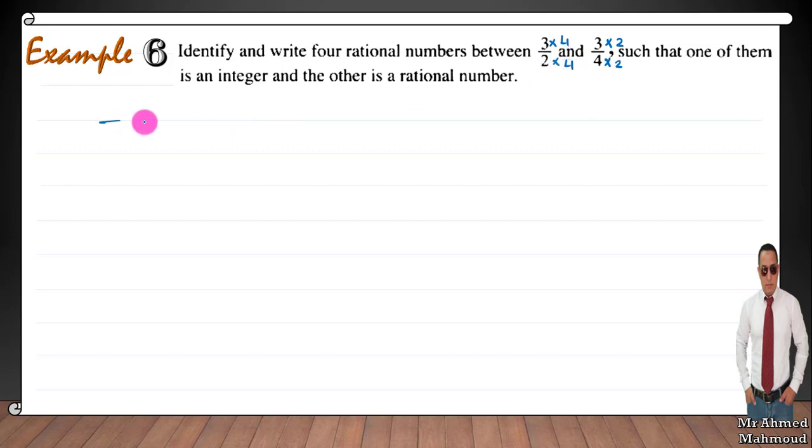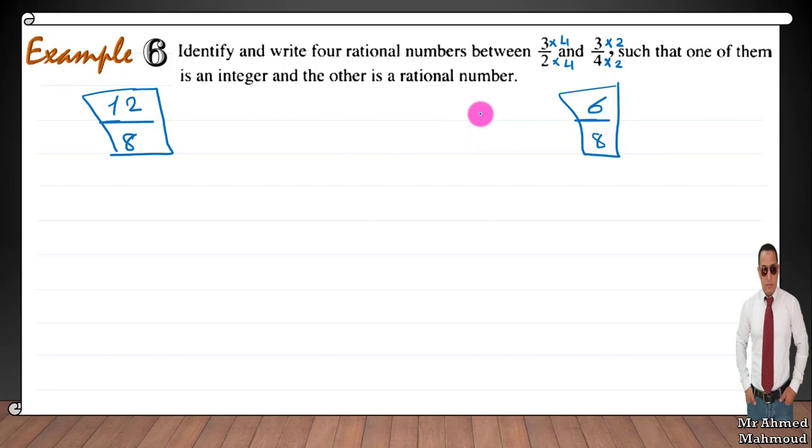Okay, now we have here 12 over 8 and here we have 6 over 8. I think between 12 and 6 we have many numbers, so I don't need to add 0 in this case. The numbers will be 7 over 8, 8 over 8, 9 over 8, 10 over 8.